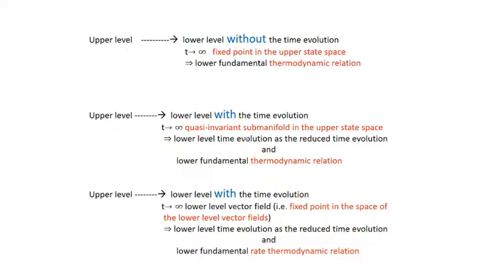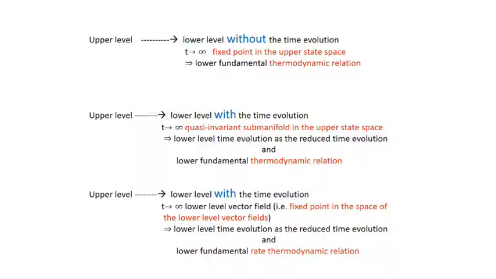Now, depending on what the lower level is, we have several types of this reducing time evolution. If the lower level is without time evolution, as in the equilibrium level, that's classical thermodynamics.